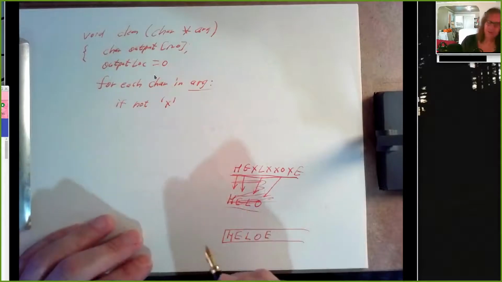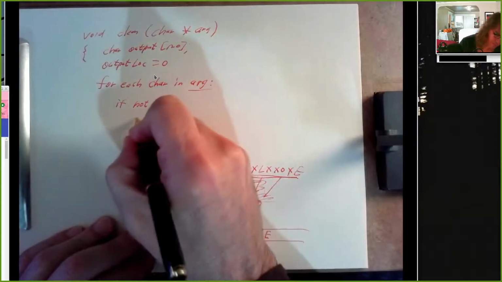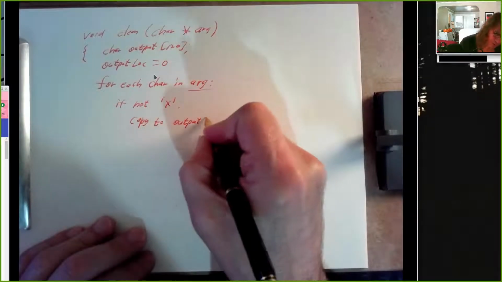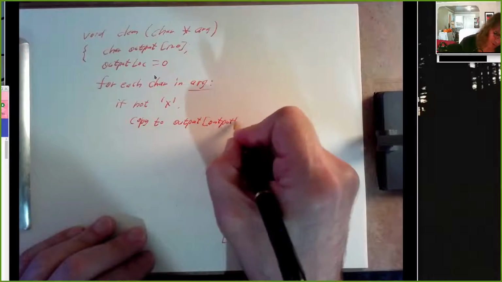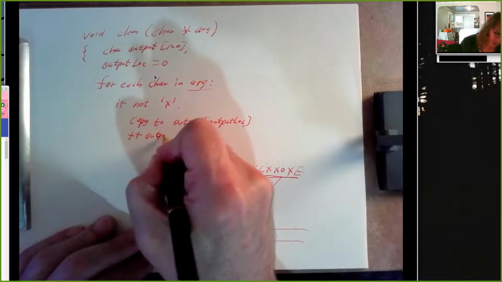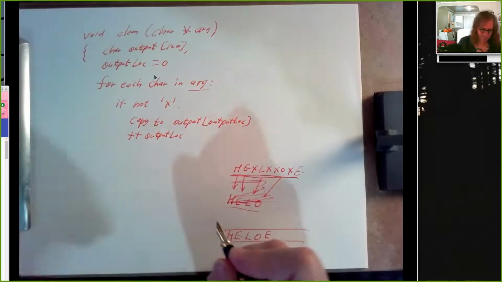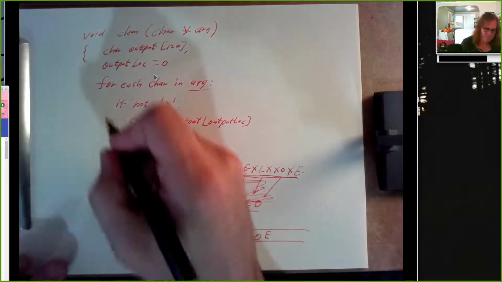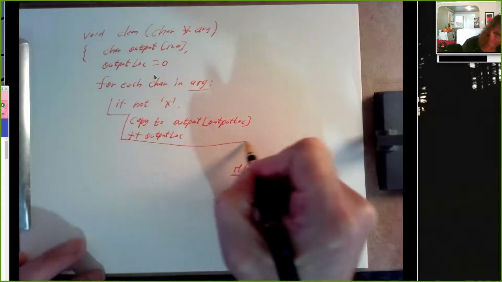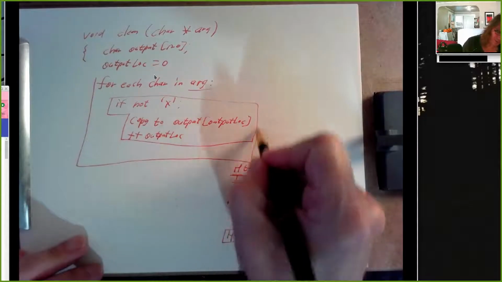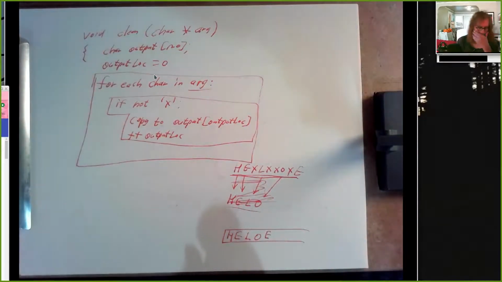If it's not a letter X, let's copy it to output bracket output location, and then let's increment output location. And do all of this inside a for loop. And that gets you most of the way there.